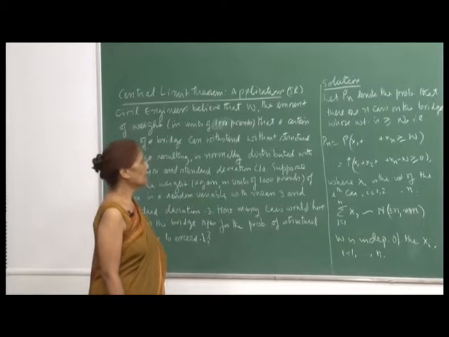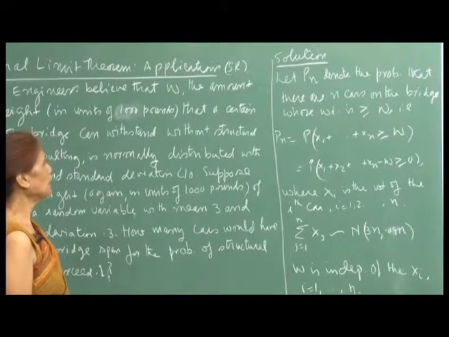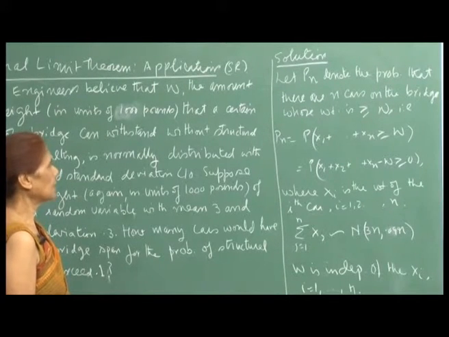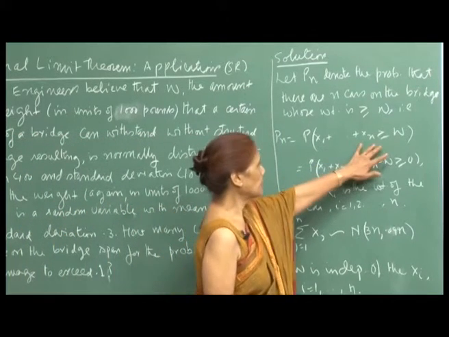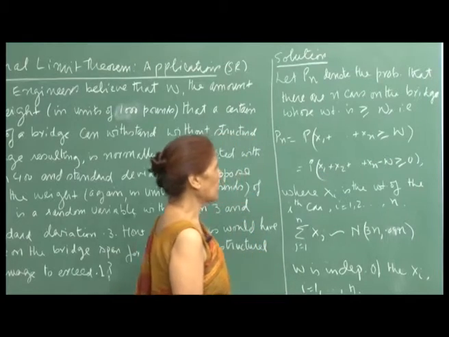So, we begin by defining P n as the probability that there are n cars on the bridge whose weight exceeds W, because that is where the structural damage can occur.